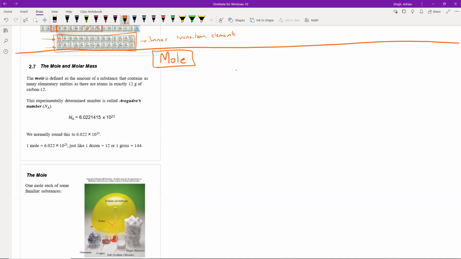So the mole then is going to be our bridge between the realm of the really tiny, the microscopic, and the realm of our regular everyday experience, things that we can touch and feel and see with our eyes.